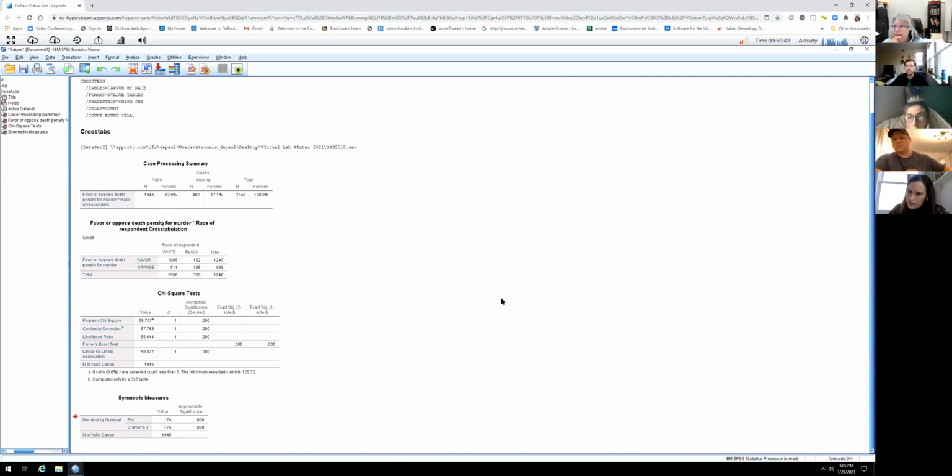Direction. Yep. And what else? It gives you a significance, right? There's the significance. What does chi-square tell me? Just the significance. Correct. And look how big this number is. That should be your first clue, right? It's not 0.1, 0.2, 0.3. It's not on a scale from -1 to 1.